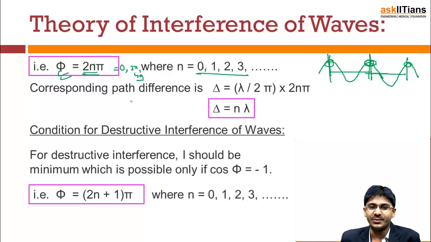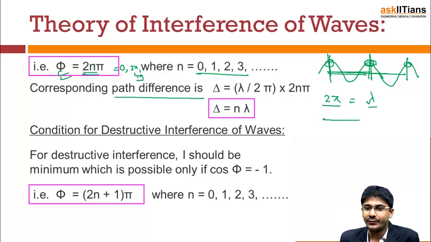Now what is the corresponding path difference? This is phase difference. In terms of phase, we are talking about angle. Now what will it be in terms of path difference? A length of 2 pi in terms of phase is equal to what? Lambda, right? If you see here, I draw a wave here.